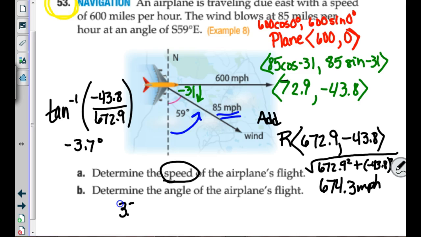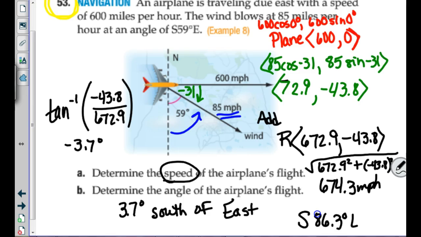So I'm just going to say 3.7 degrees south of east, okay? The book would probably do 90 minus 3.7 and say off of south, it's flying 86.3 degrees towards the east. But this makes more sense to me because it's just 3.7 degrees off course.